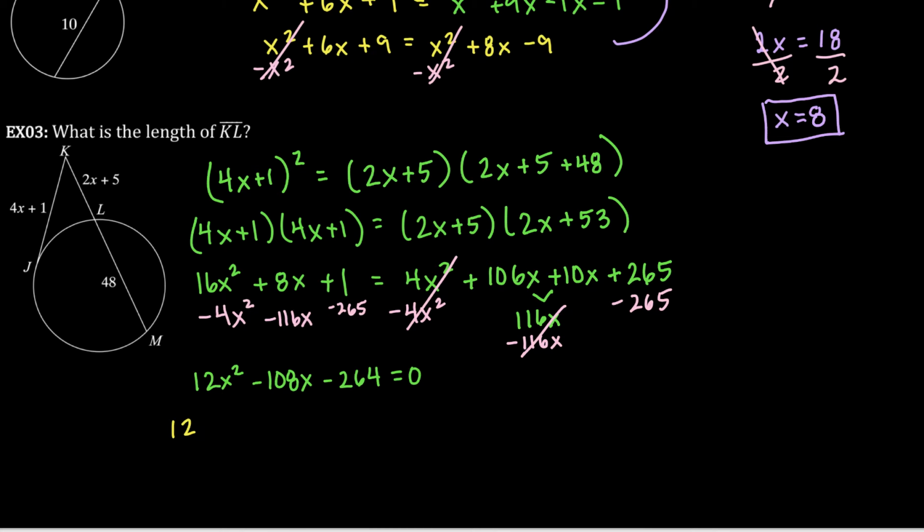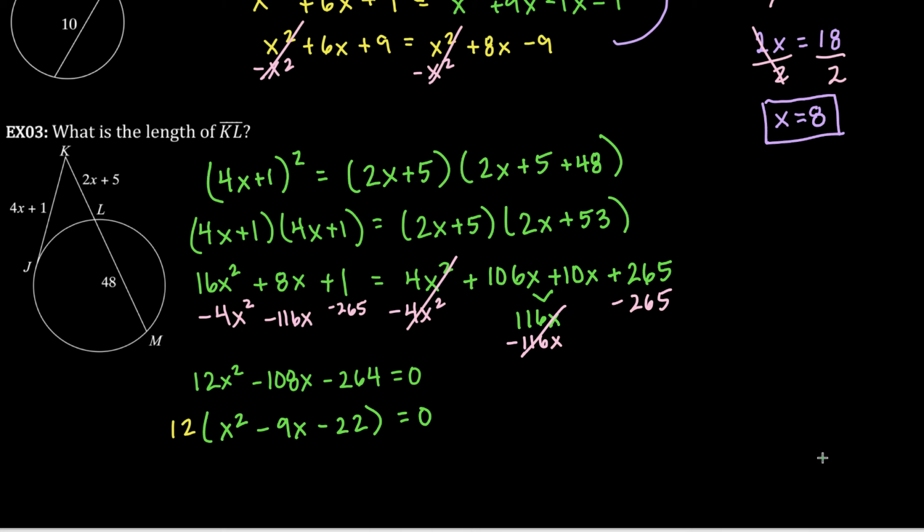So x squared, what's 108 divided by 12? I get 9. And 264 divided by 12 is 22. Okay, cool. I'm going to try to see if I can use a shortcut. So I get negative 22.